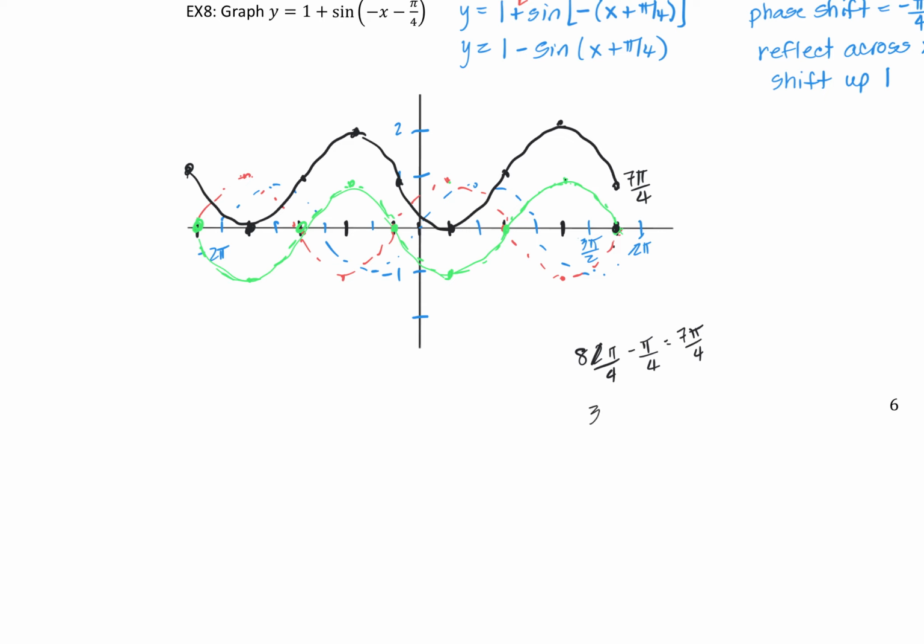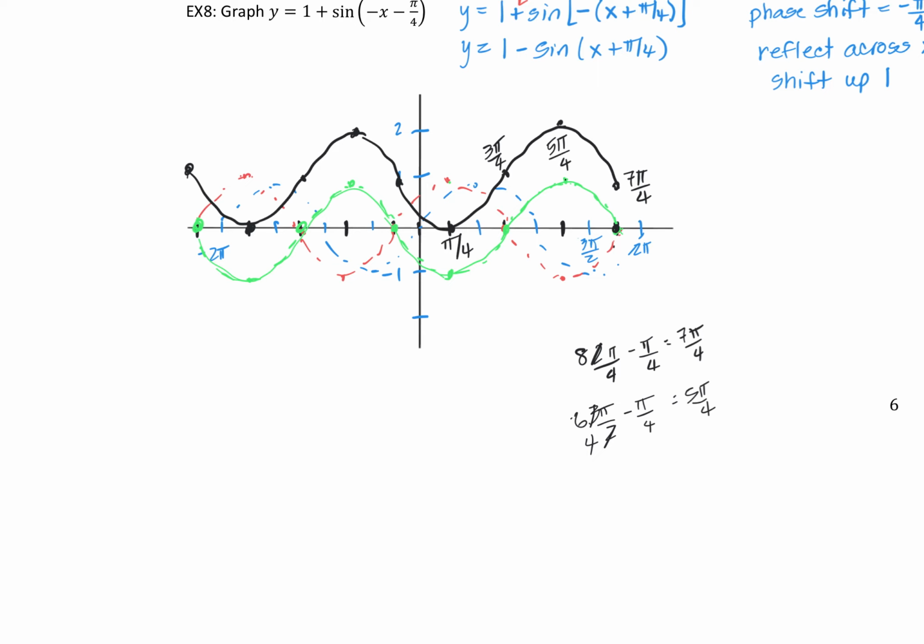So the 3 pi over 2 minus pi over 4 became 6 over 4 minus 1 over 4, and that would be 5 pi over 4. So you see what we're doing, we're reducing that numerator by 2. 7, 5, this should be 3, this should be 1 pi over 4.